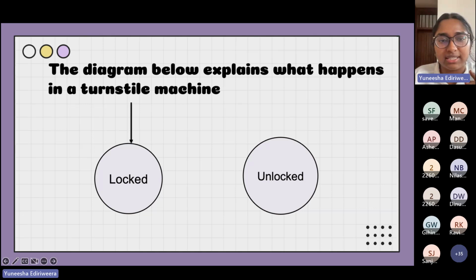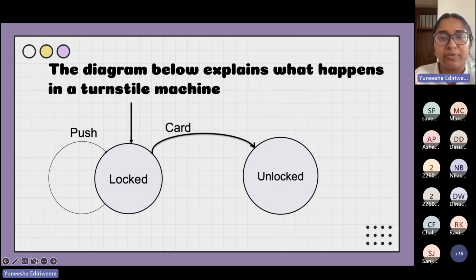Therefore, an arrow pointed at the circle is inside this lock state. No matter how many times the push input is given at the lock state, there is no change because the expected input in the lock state is swiping a card. So pushing through the arms doesn't make any change. Therefore, it's a loop inside this lock state.